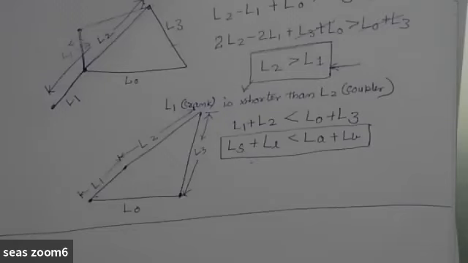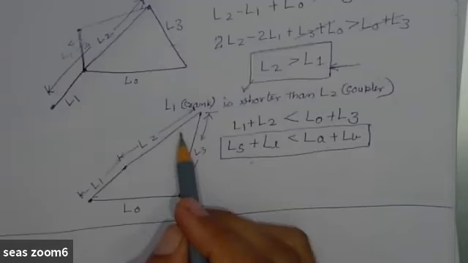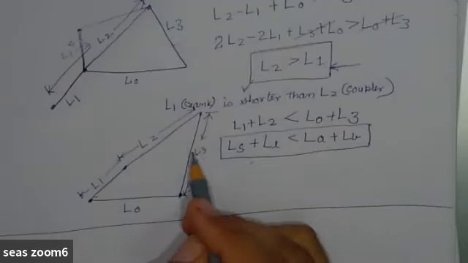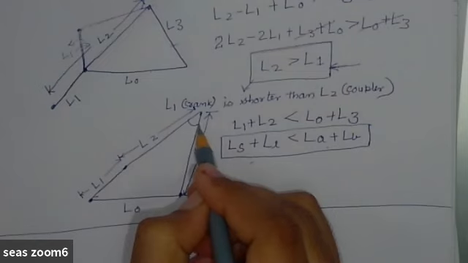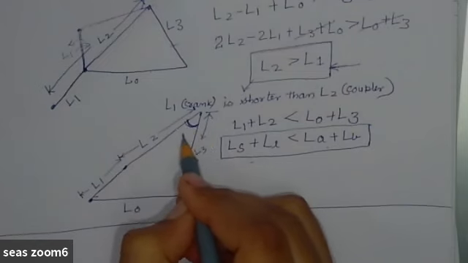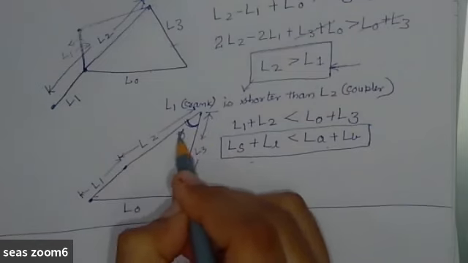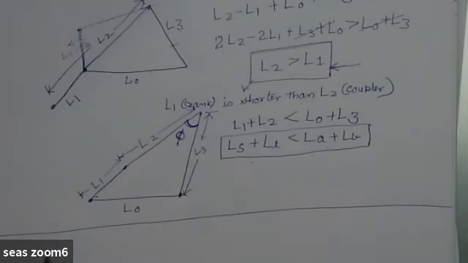Now, let's see if this condition is satisfied. Then this angle is called the transmission angle. Generally we represent it by phi, and phi is nothing but the transmission angle.